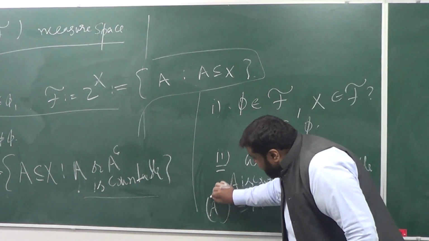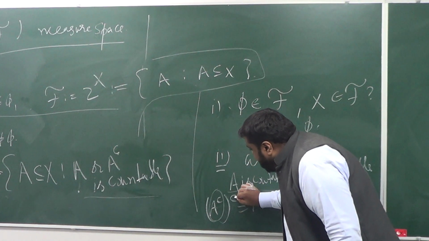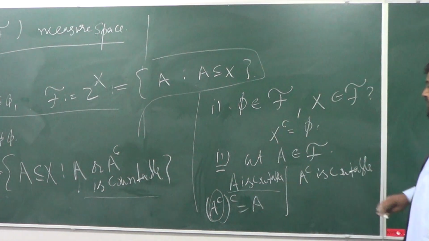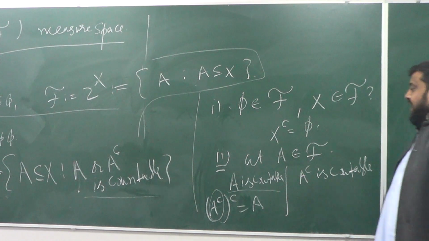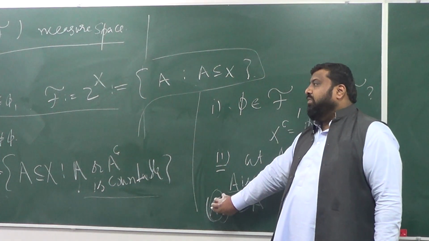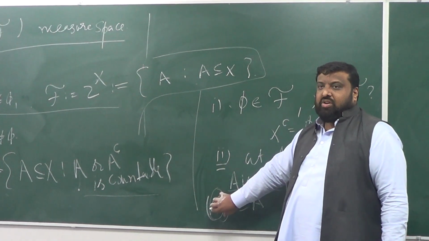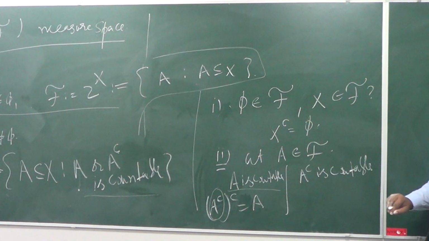So this object, whose complement is countable, must belong to F. Why? Because the definition tells us that a set is going to be in F if that set itself or its complement is countable. I know A is countable. So the complement of A complement must be countable, and therefore A complement must be in F.